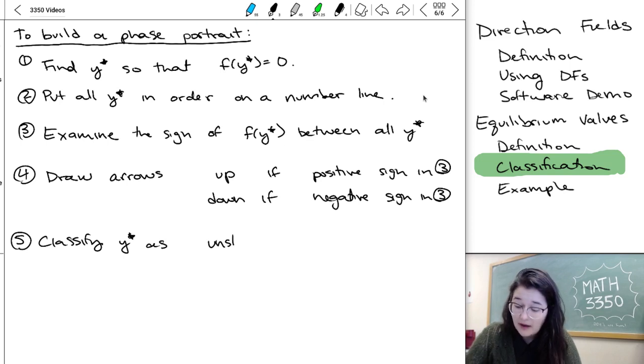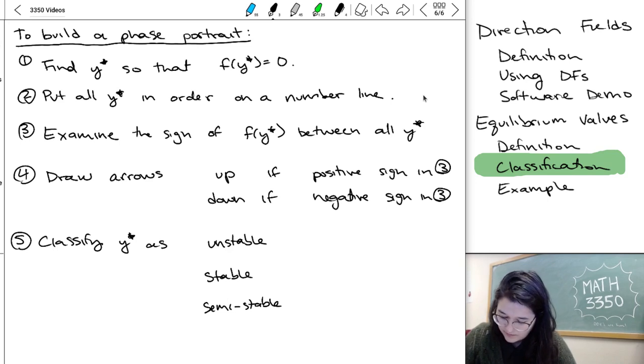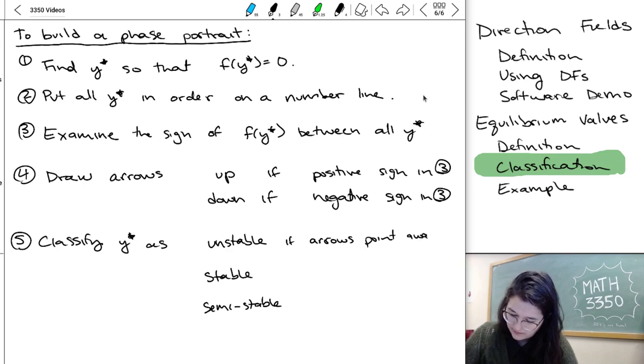There are 3 possible classifications: unstable, stable, and semi-stable. They're going to be unstable if arrows point away from the equilibrium.